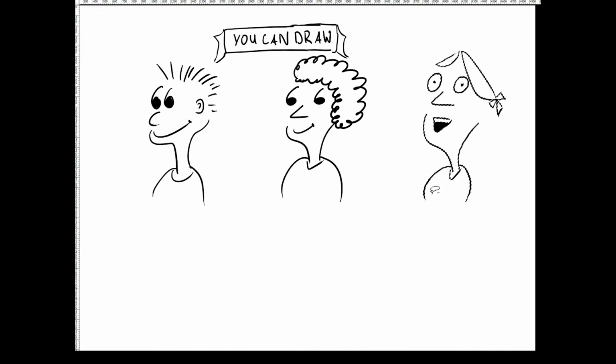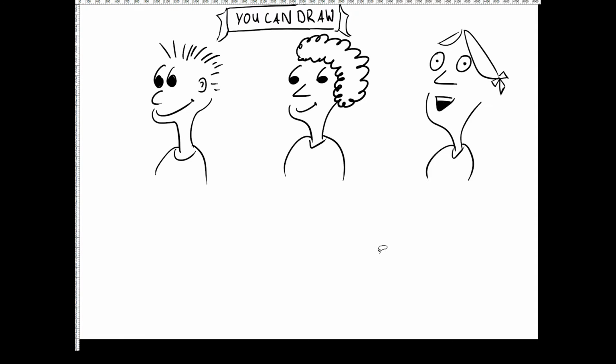All right, let's do some more. What am I gonna do next? I don't know. Let's see. All right, draw 2 circles. Draw them a little further apart and add something in between.